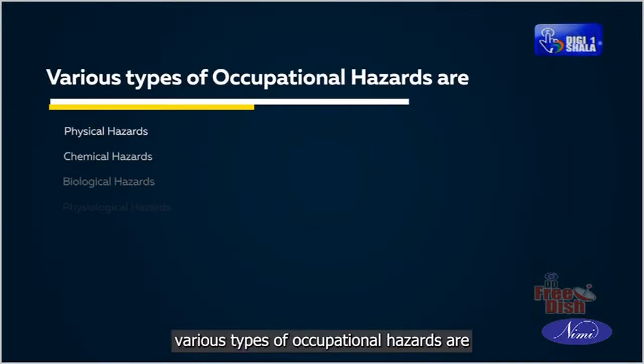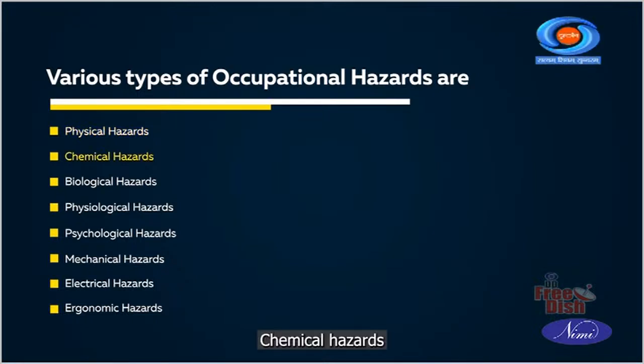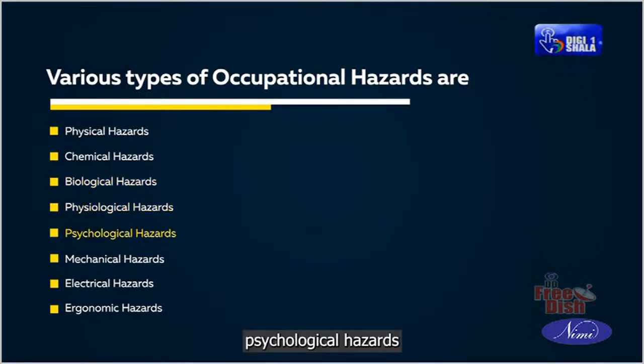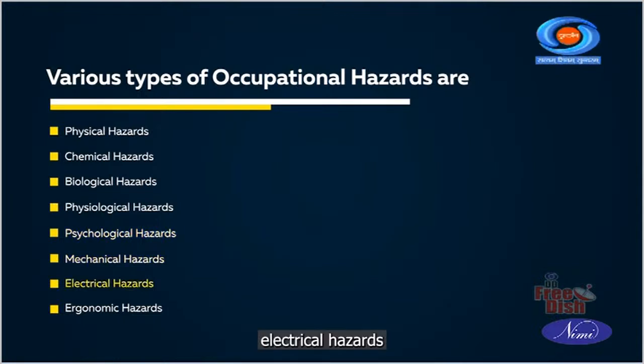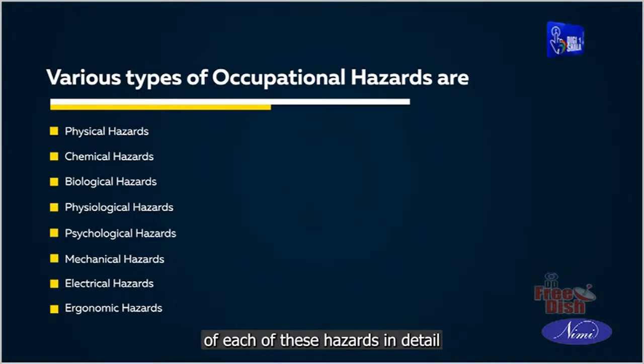Various types of occupational hazards are physical hazards, chemical hazards, biological hazards, physiological hazards, psychological hazards, mechanical hazards, electrical hazards, and ergonomic hazards. Let us now look into what comprises each of these hazards in detail.